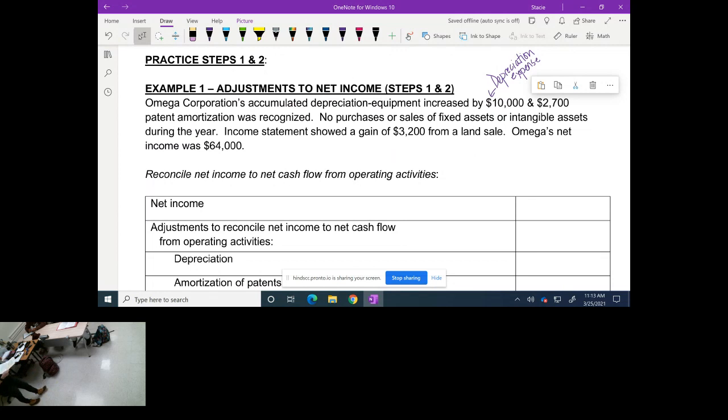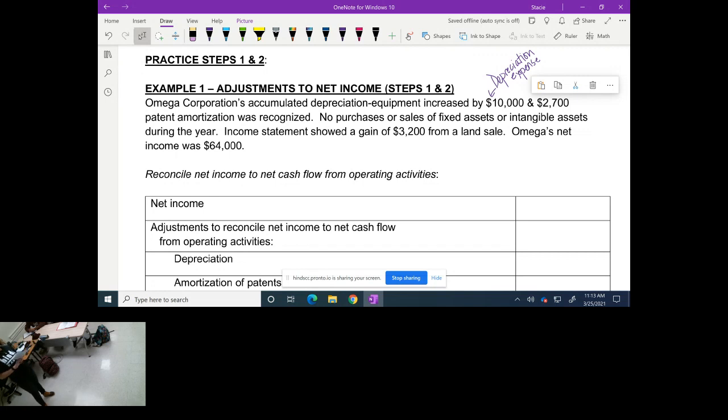There are some things you have that are worth something, but they're not something you can actually put your hands on. So you amortize those, but you're doing the same thing. You're taking a little bit of that cost over a period of time to show that it's losing value, because a patent's only good for a certain amount of time. So you would amortize it over those number of years. You take a little bit of expense every year until the patent expires.